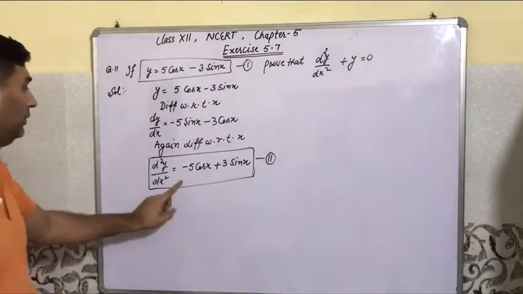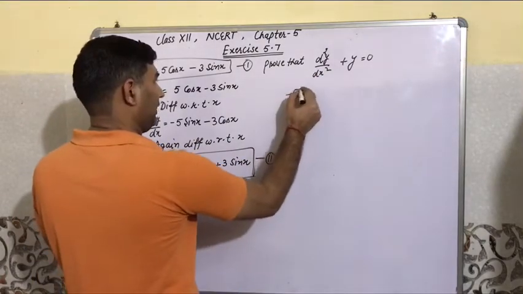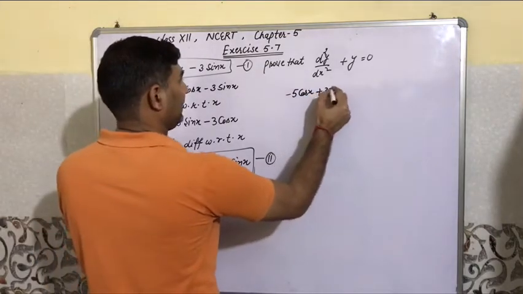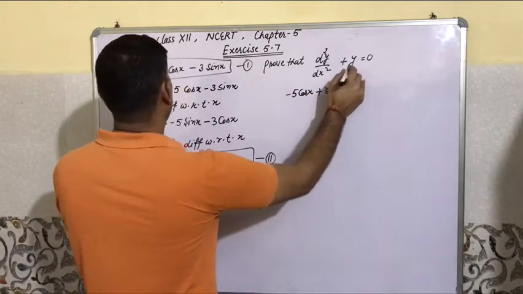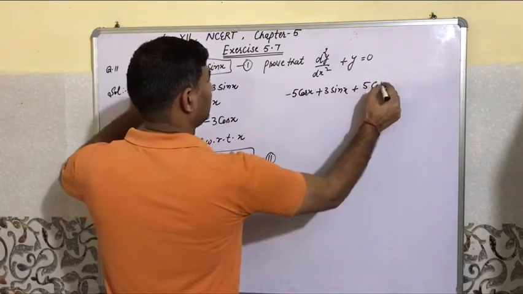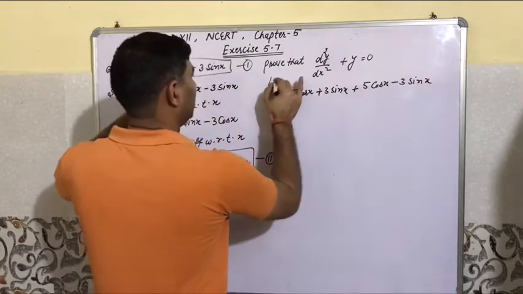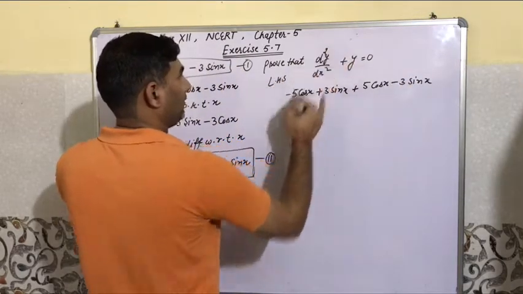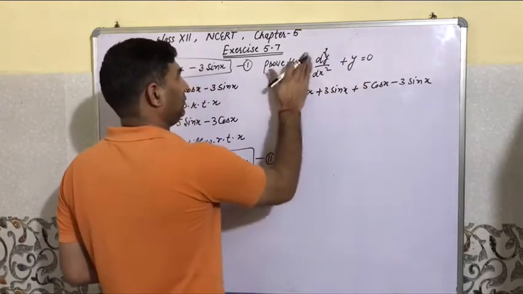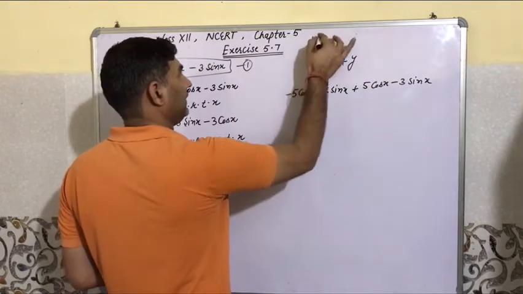Put the value, this d square y upon dx square minus 5 cos x plus 3 sin x, and value of y is plus 5 cos x minus 3 sin x. हमें प्रूव करना था. हमने इसको लेफ्ट हैंड साइड माना.